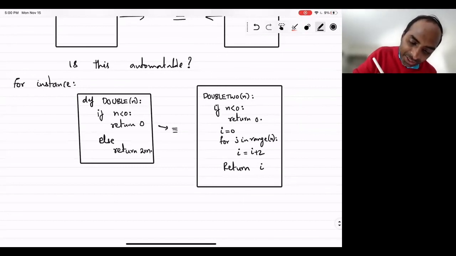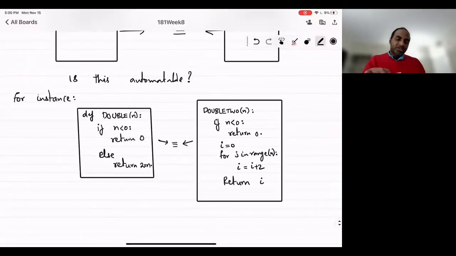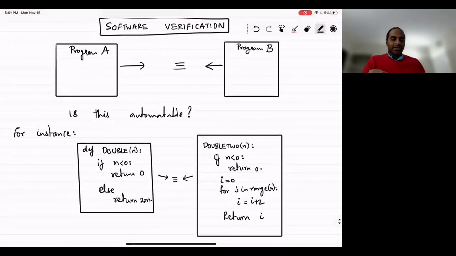It's a meta question, but this would be deeply impactful. For instance, imagine you have a programming assignment. Instead of giving a bunch of test cases to check whether your solution is correct, I can just check for equivalence: is your program the same as the one that I wrote up and know is correct? Software verification has many other applications.